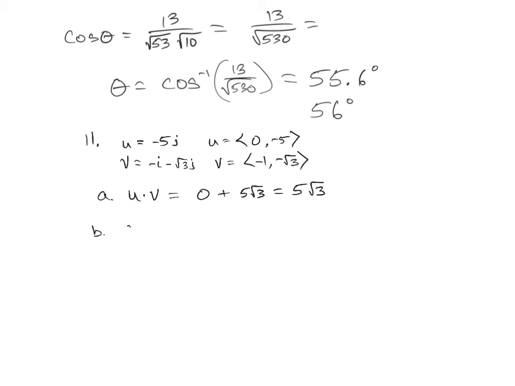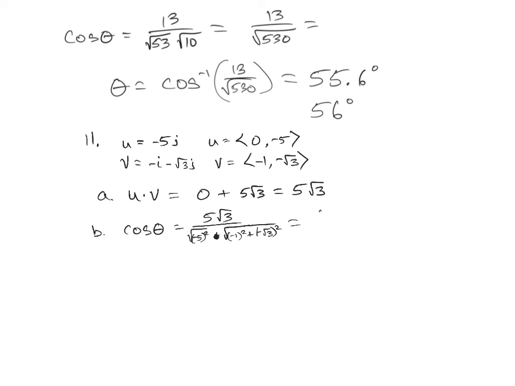Part B, cosine of theta is equal to the dot product, 5 square root of 3, over the magnitude of u, which is the square root of 0 squared plus negative 5 squared, times the square root of negative 1 squared plus negative square root of 3 squared.